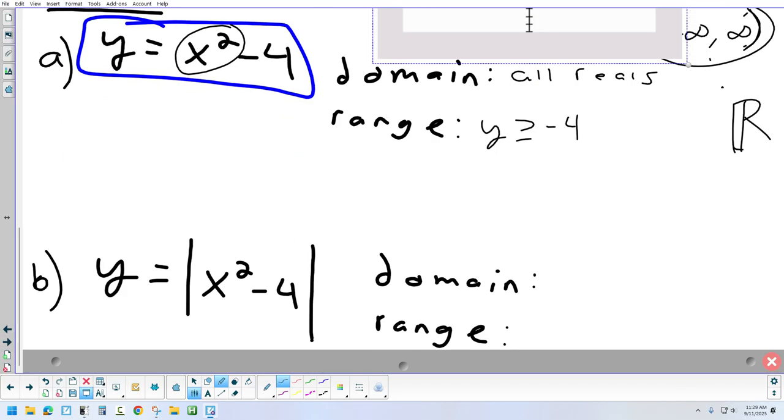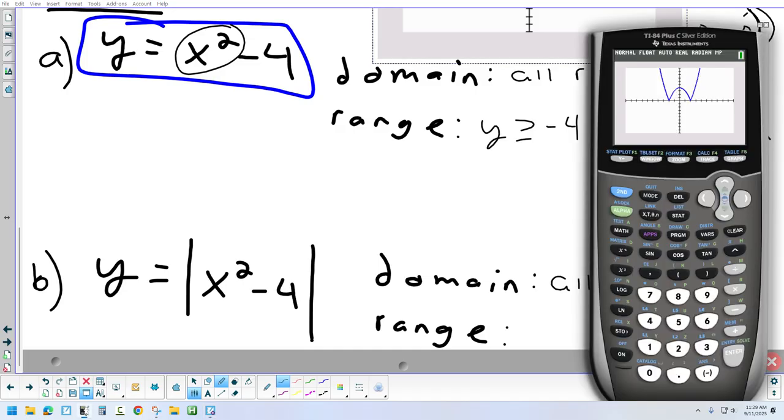The domain is exactly the same. But the range is not. What is the range now? Yep, Katie? Greater than or equal to 0? Right, it doesn't go any lower than 0. That's the lowest, but it goes up forever.